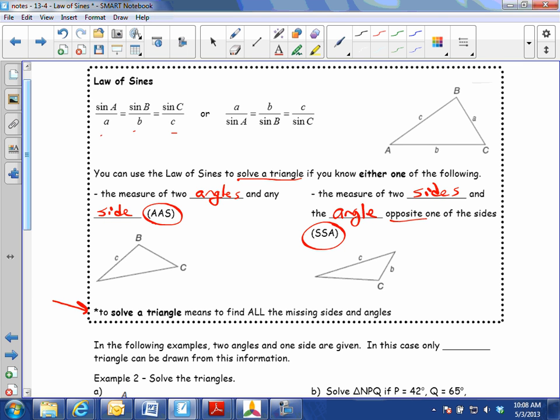So it cannot be included. Remember when we used the sine formula to figure out the area, we had to use the angle between those 2 sides. But in this case, to use the law of sines, the angle has to be on the outside. It can't be in the middle of those 2 sides. Does this make sense?